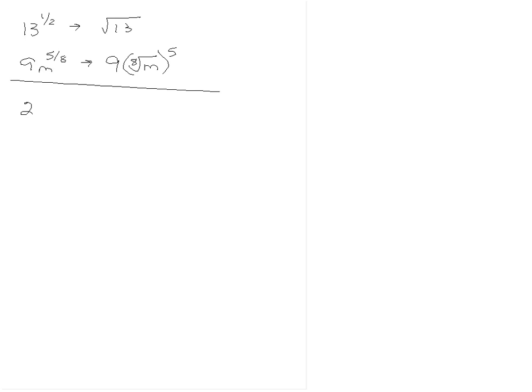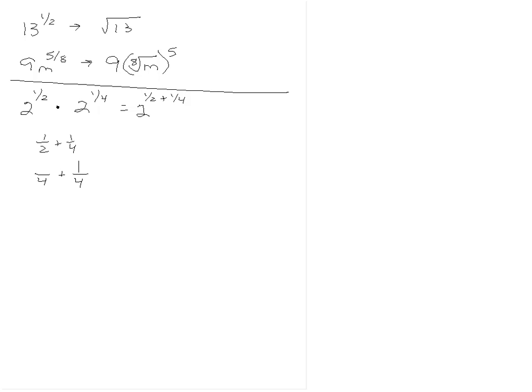2 to the 1/2 times 2 to the 1/4. Our base is the same. When bases are the same and you're multiplying, you add exponents. So I really have 2 to the 1/2 plus 1/4. You're going to have to remember how to add fractions. They have to have the same denominator, and the common denominator would be 4.